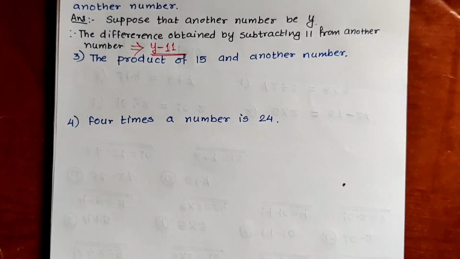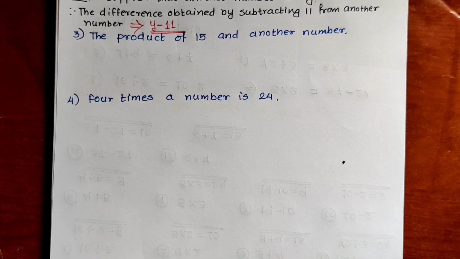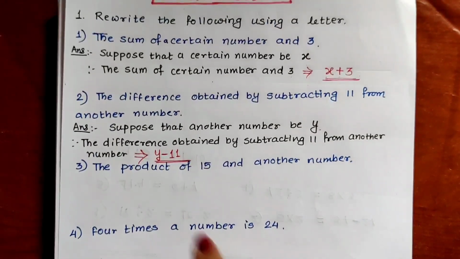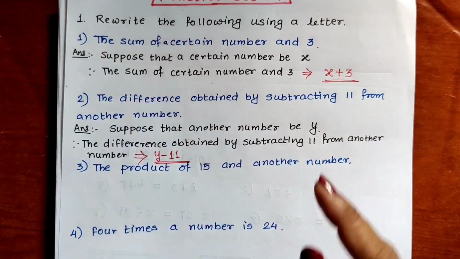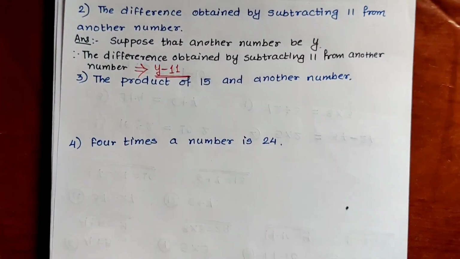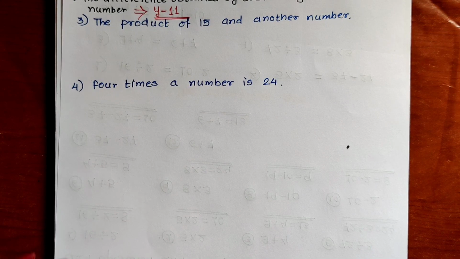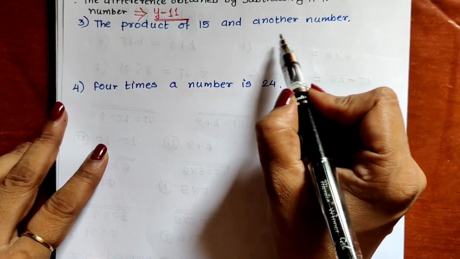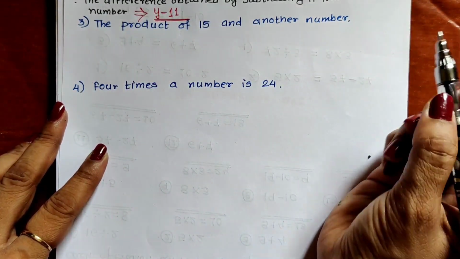Now next is the product of 15 and another number. Product means what? As sum means addition or total, difference means subtraction or minus, product means multiplication. Okay, so what do we have to suppose? Another number can be any letter.